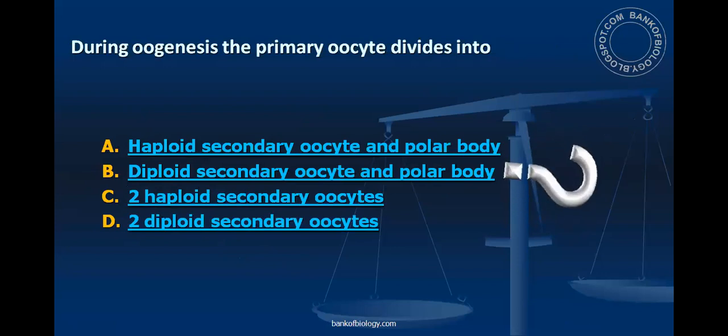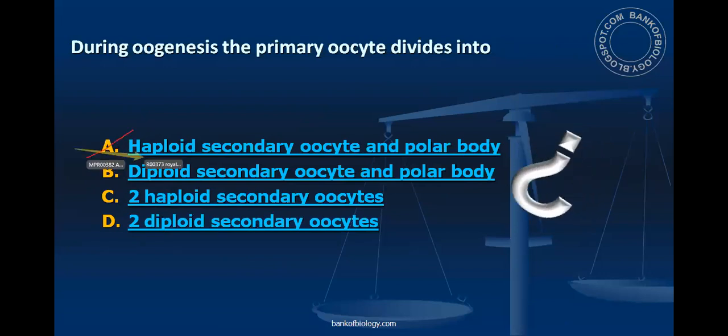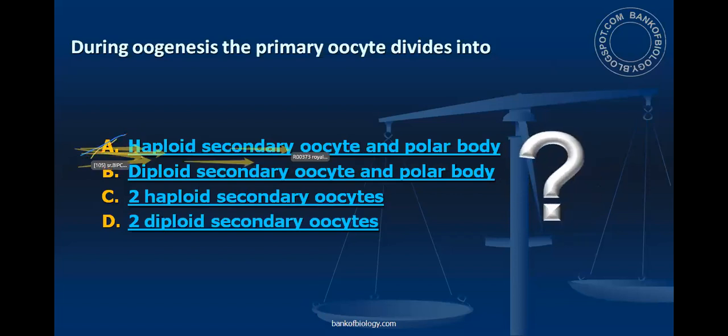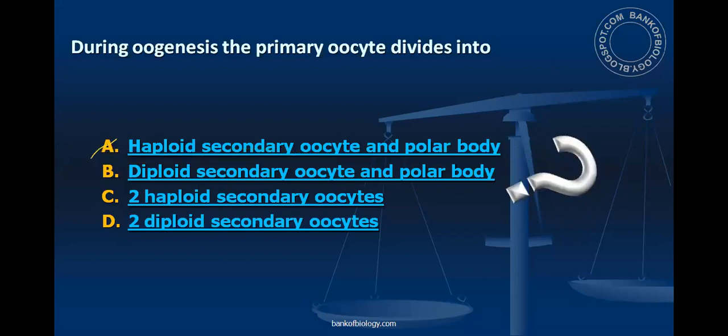During oogenesis, the primary oocyte divides into: haploid secondary oocyte and polar body, diploid secondary oocyte and polar body, or two haploid secondary oocytes. So this is the answer. Very good. Haploid secondary oocyte and polar body.